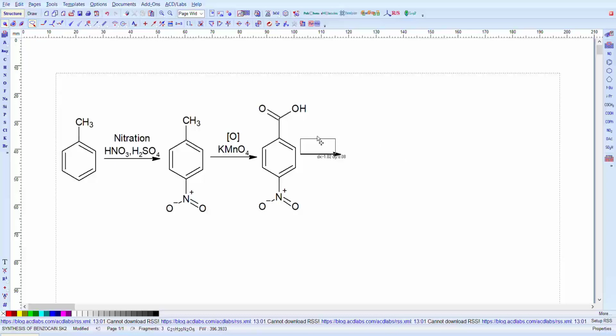We have to place it properly, and then again copy the structure because it is crucial for us right now. Copy the structure, and then you have to remove this NO2 and place NH2 here. Okay, so do like that. Automatically, when you delete it, it is converted to NH2.